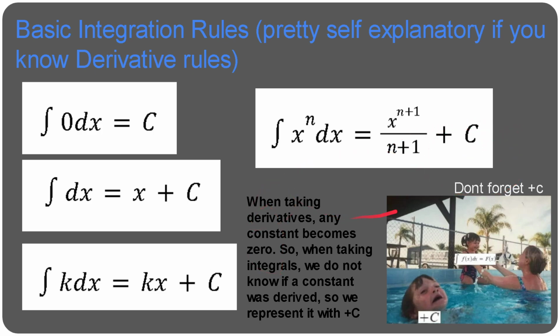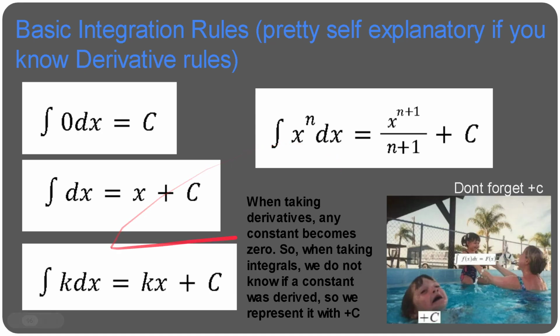So once again, the reason why this plus c always pops up is because when taking derivatives, any constant becomes 0. So when you're taking integrals, we do not know if a constant was there, so we just represent any constant with the variable c. So c can be any real number, like 0.5, 15, or 20 billion.